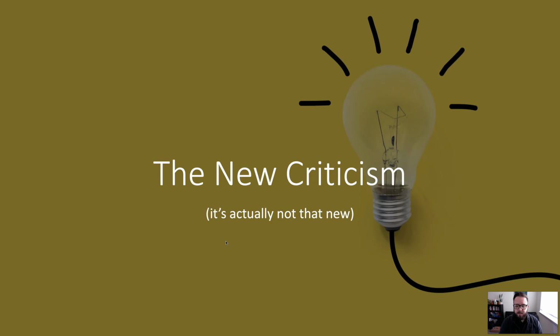It was developed in the 1920s and really only held a lot of critical sway from the 20s through about the 1960s. What the new criticism, what formalism really does, is it seeks to focus the analysis of a literary text exclusively on the work of literature itself.